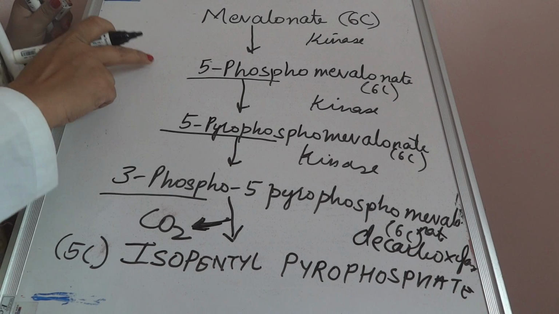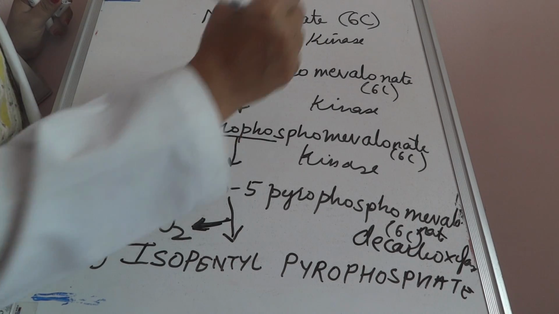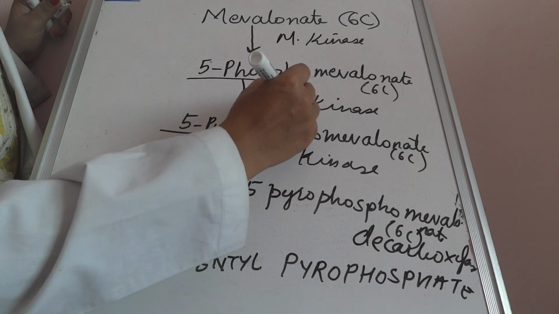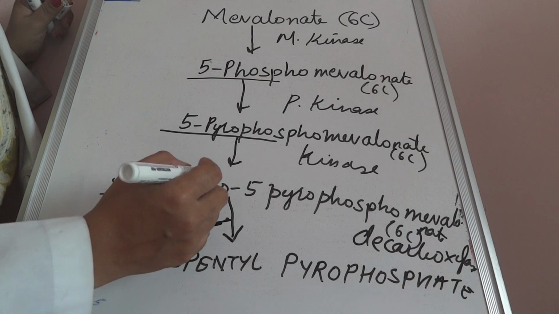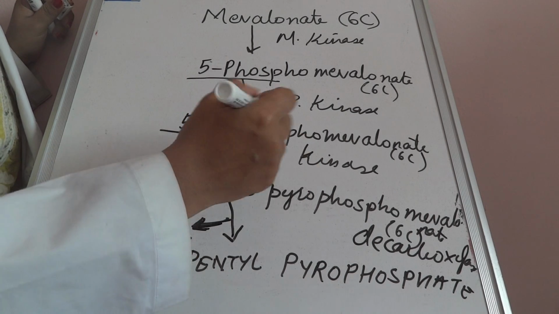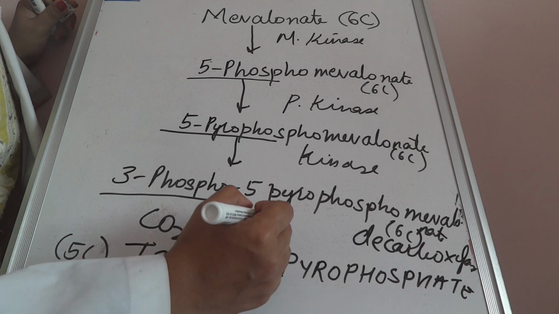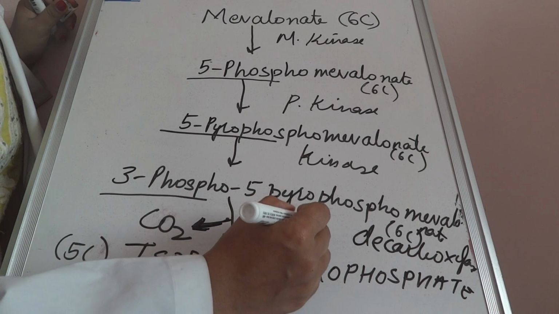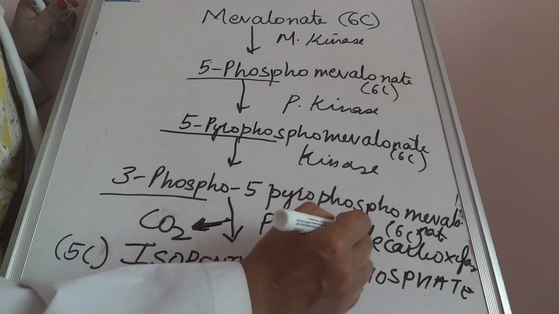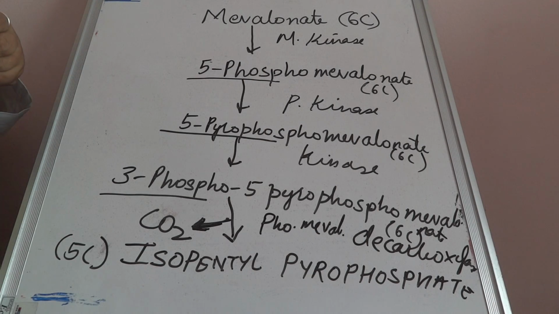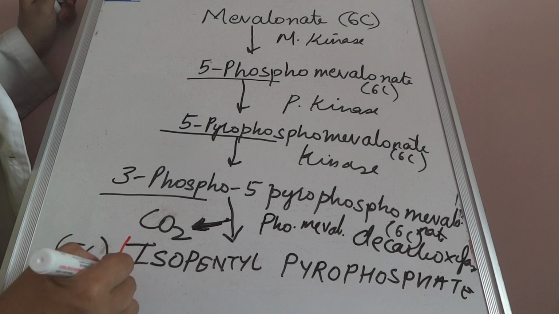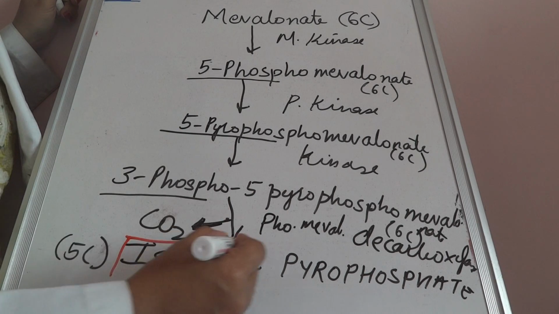So the names will be mevalonate kinase, phosphomevalonate kinase, 5-pyrophosphomevalonate kinase, and this would be phosphomevalonate decarboxylase.